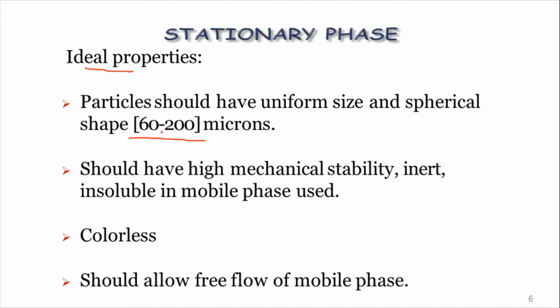This size of stationary phase can produce a wide void volume. Void volume means the volume of space between the spherical shapes of the stationary phase, which readily allows the sample molecule during migration. With this micron level, you also get a uniform pore size, and this pore will allow the sample molecule.